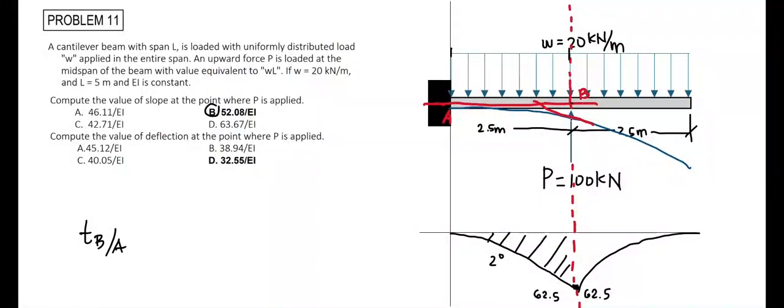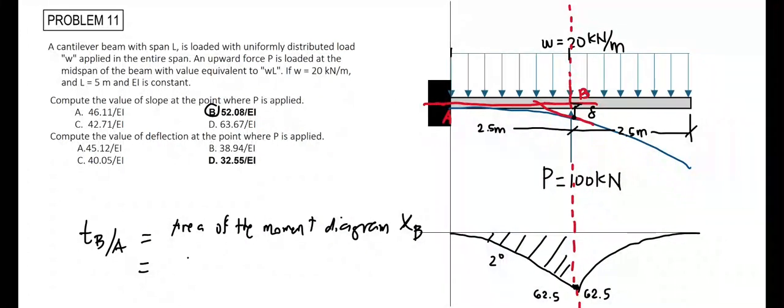So the tangential deviation at point B, which is at this point here on the elastic curve, in reference to this tangent drawn here at A, is just the deflection at B in reference to the tangent line drawn at A. That is equal to the area of the moment diagram by parts multiplied by the centroid of point B in reference to the vertical line we drew.